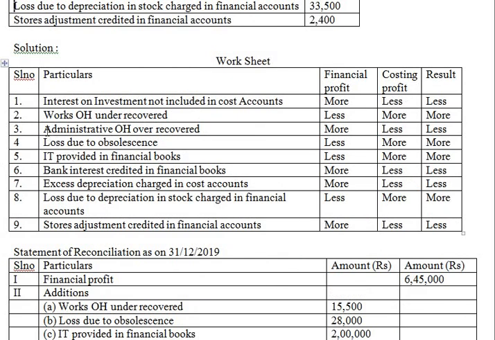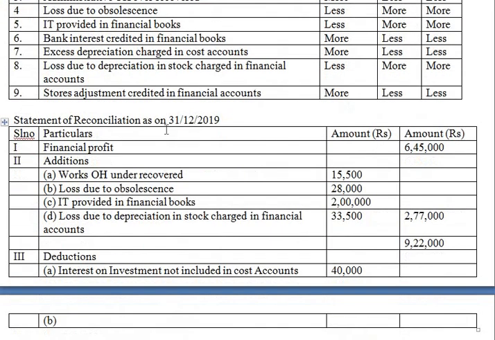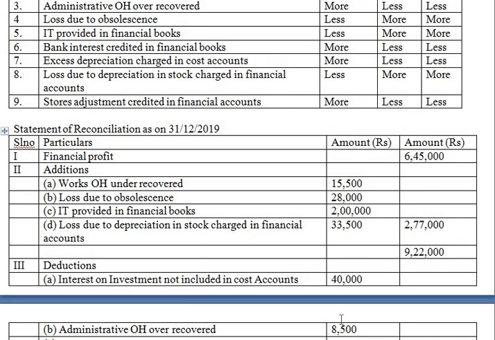Third point, administrative overheads over recovered. Amount 8,500. Here, bank interest as well as excess depreciation, both we need to take.